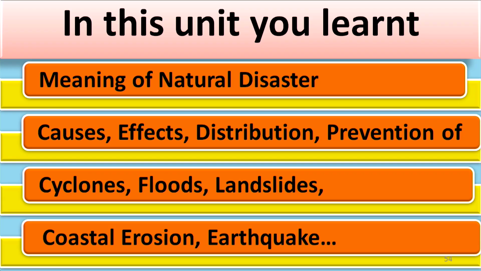In this unit, you learnt the meaning of natural disaster. Let's recall it. What is natural disaster? Natural disaster is the large scale destruction that occurs naturally. What are the causes for natural disaster? It may be natural or man-made. What are the effects of natural disaster? And the distribution, that is where all this natural disaster is found, and what are the preventive measures taken to prevent them.